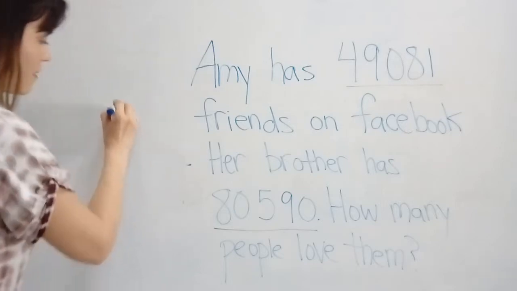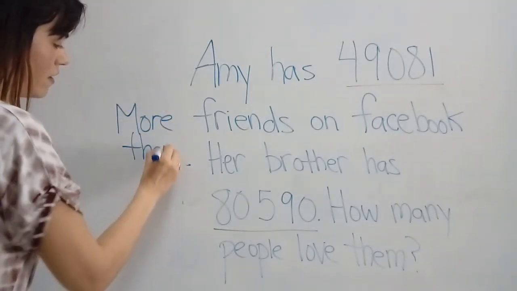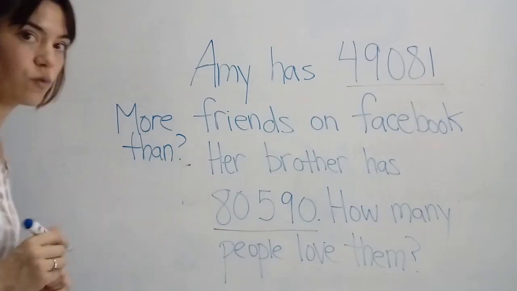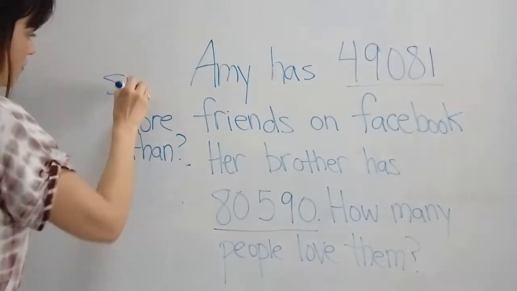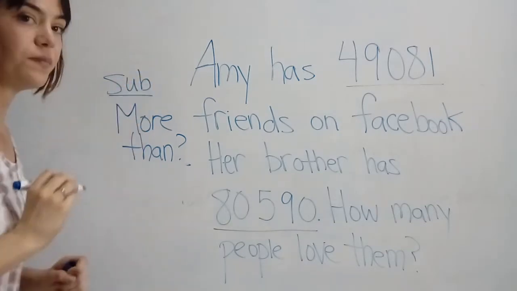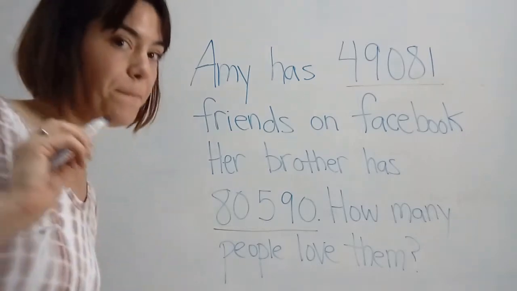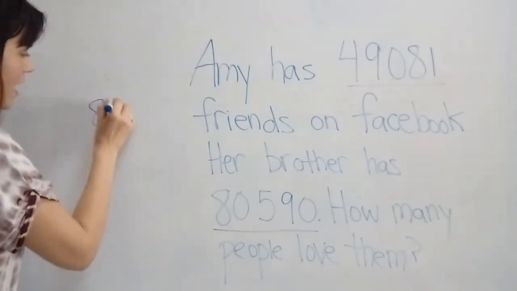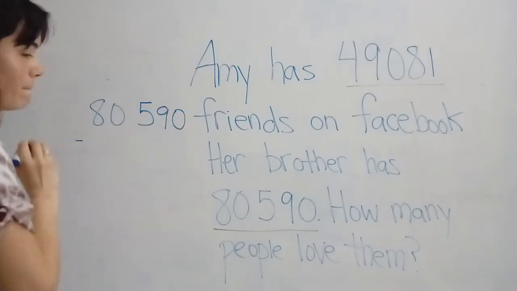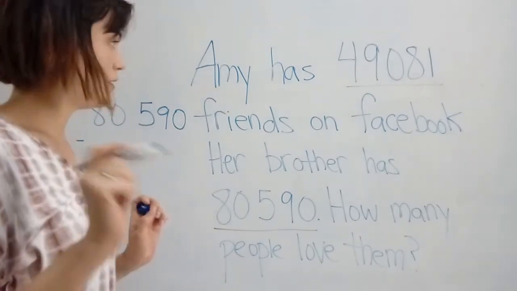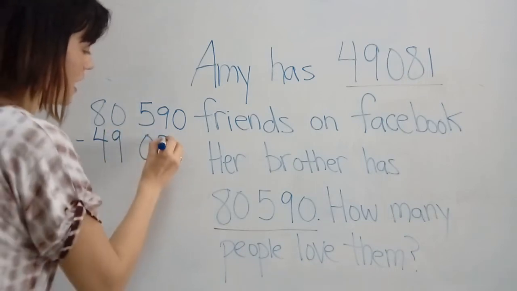So if you see something like how many more than, it's pretty much for sure that it's subtraction. So I take my bigger number, 80,590, minus my smaller number, 49,081.